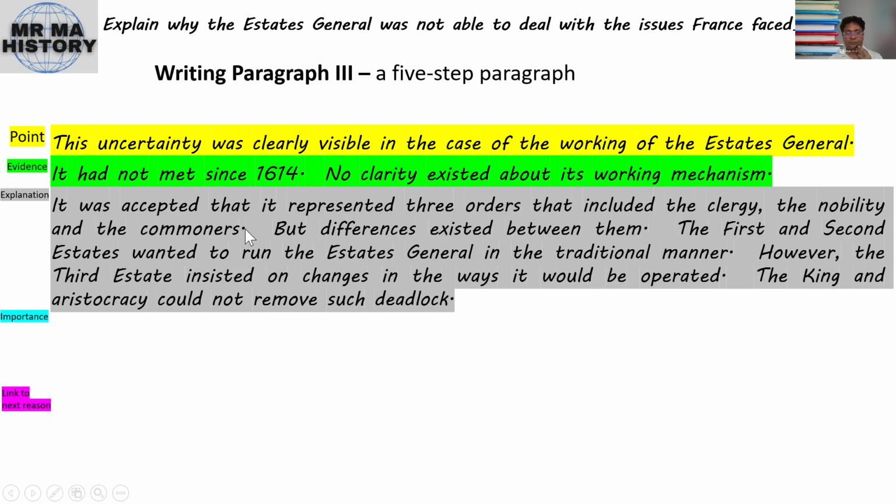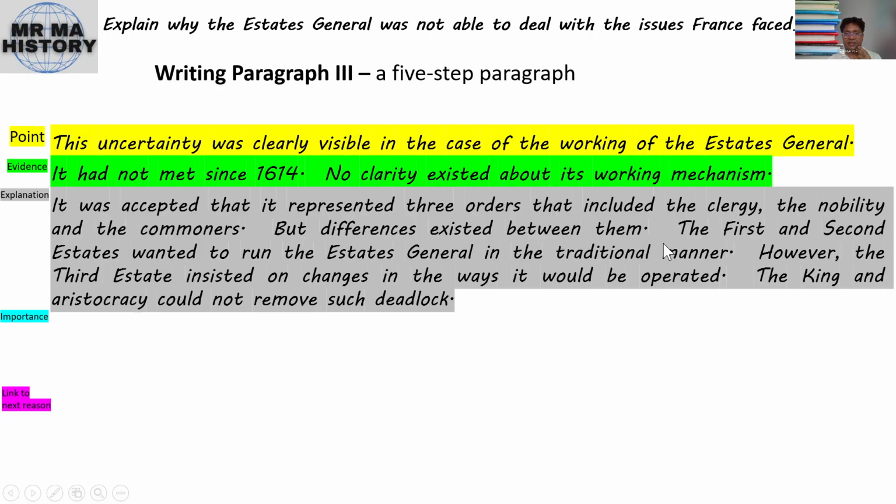I have written this explanation in such a way that it is answering the question directly. What does it answer? It answers why the Estates General was not fully able to deal with the issue. Why? Because differences existed between them.